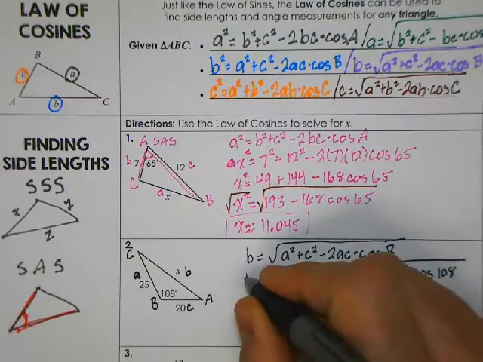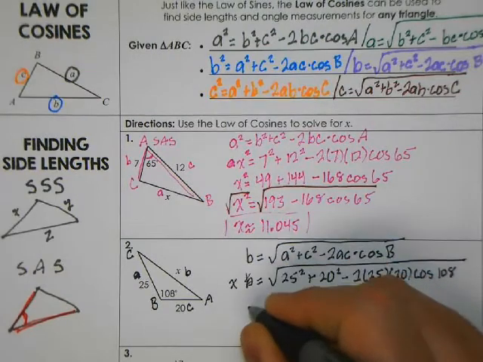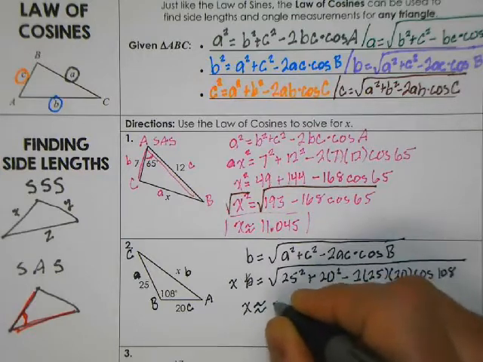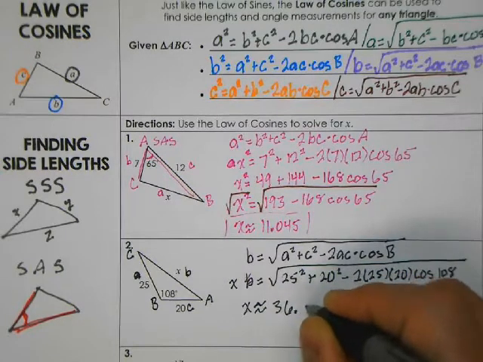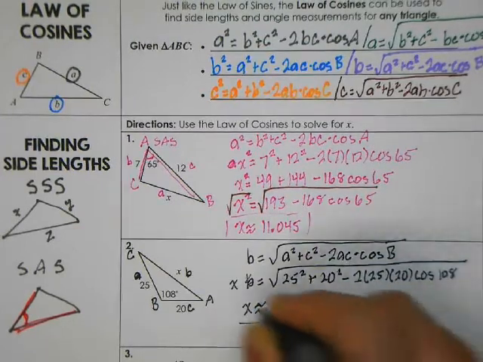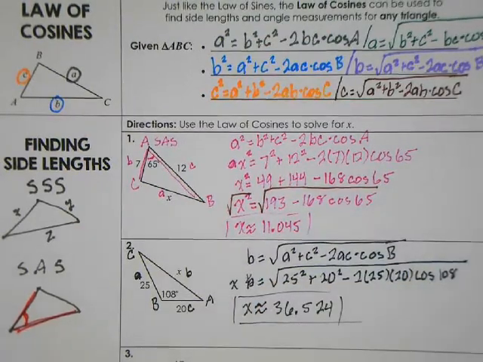And I guess I should have called this x when I substituted. So here we'll say x is approximately equal to 36.524, and that is really what the law of cosines is going to be, how you're going to work it.